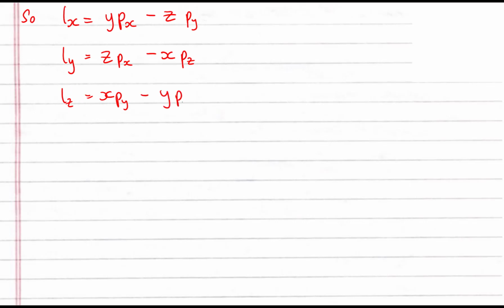We've got L sub x is equal to y p sub z minus z p sub y. We have L sub y equals z p sub x minus x p sub z, and L sub z is equal to x p sub y minus y p sub x.